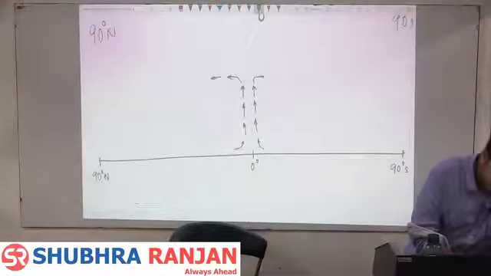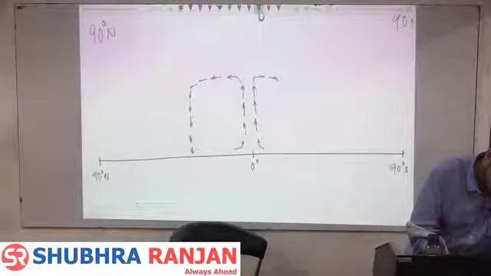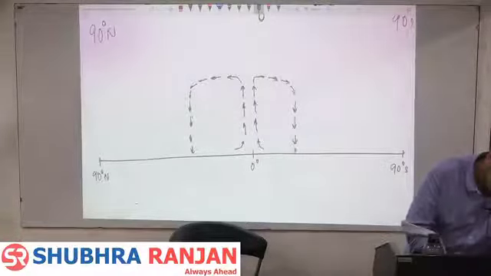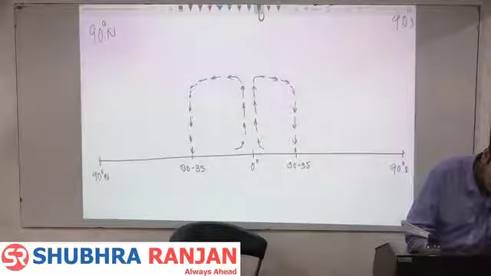Why? Because it has become cold, so it cannot travel this entire distance, and it will come and settle down somewhere between 30 to 35 degree north and between 30 to 35 degree south.